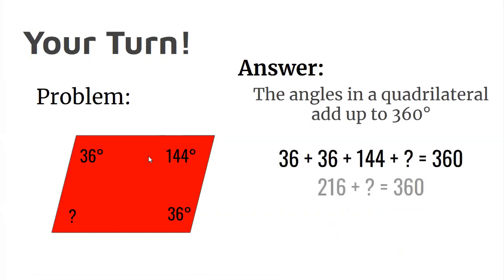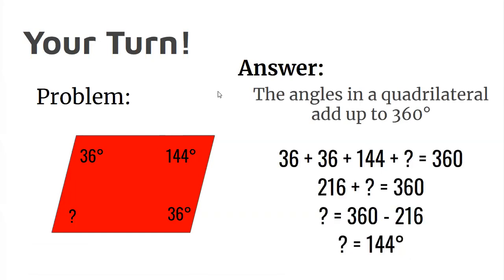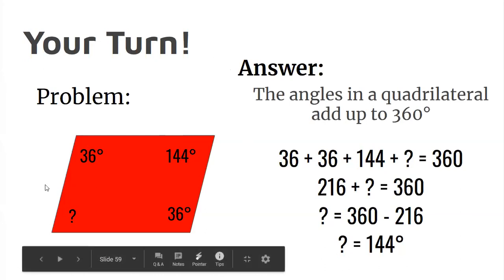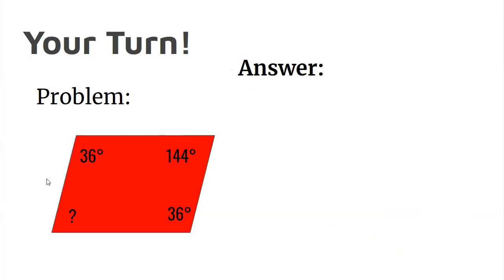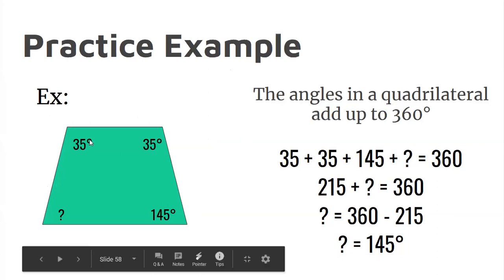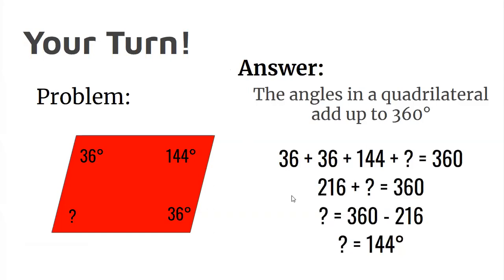Oh wait, my bad. I might have confused this, but this is a parallelogram, so it's different. The trapezoid right here is not a parallelogram, so it doesn't have the same properties. My bad. Sorry guys.